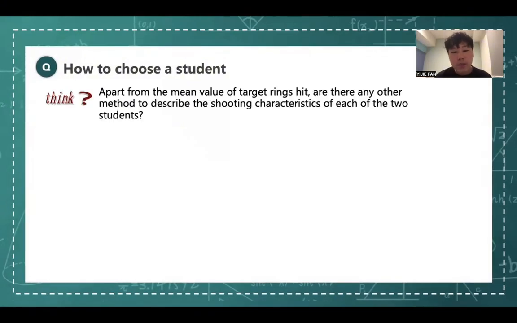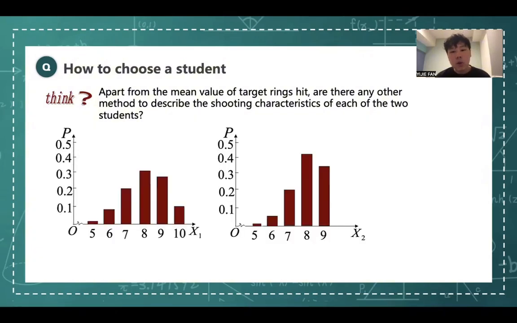Apart from the mean value of target rings hit, is there any other method to describe the shooting characteristics of each of the two students? Now we make the data into a column graph. We can see that student one's grade is not concentrated beside the mean value 8, but student two's grade is concentrated near the mean value 8.